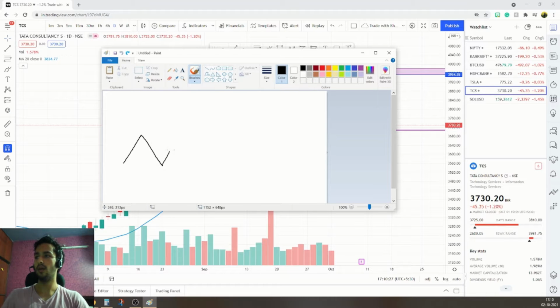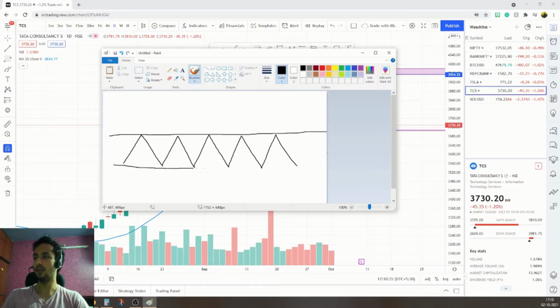In that, the market is in a particular range, like this is its resistance and this is its support. I hope this much is clear. So there are three types of trends: uptrend, downtrend, and sideways. We have seen how all these three trends look, and we know what sort of market structure they have, right?